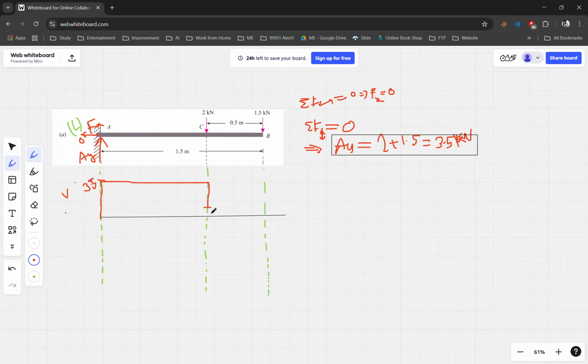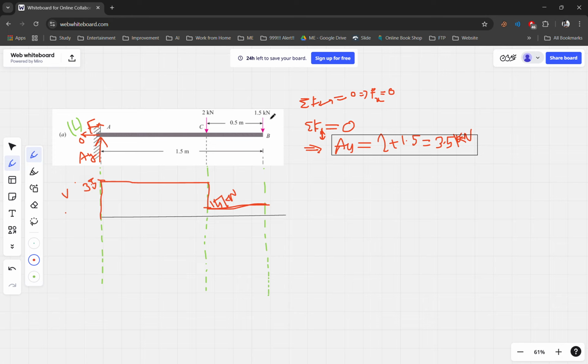So at this point it means 3.5 minus 2, that will be our 1.5. So we are getting 1.5 kilonewton. Done. And after that, our 1.5 kilonewton will go till here as a straight line, because between these two points there are no other point forces, or any other kind of distributed or undistributed loads.